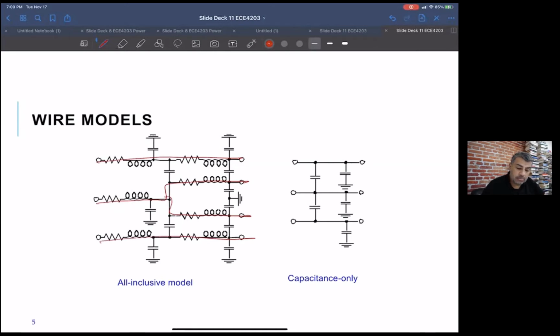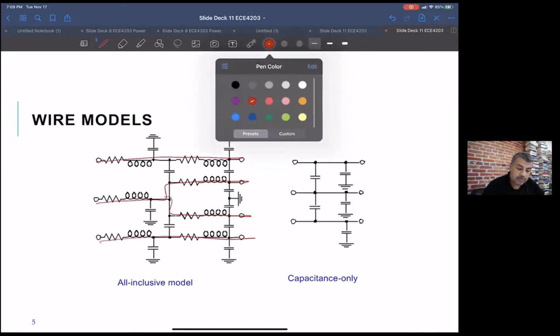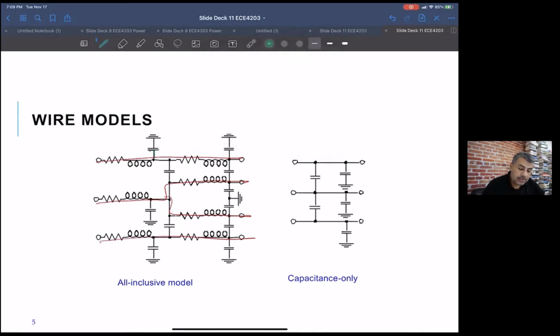Well, the wires themselves have capacitance to ground. They have capacitance to each other, because if you imagine these are high aspect ratio wires running, how should I draw this so it doesn't look too confusing?